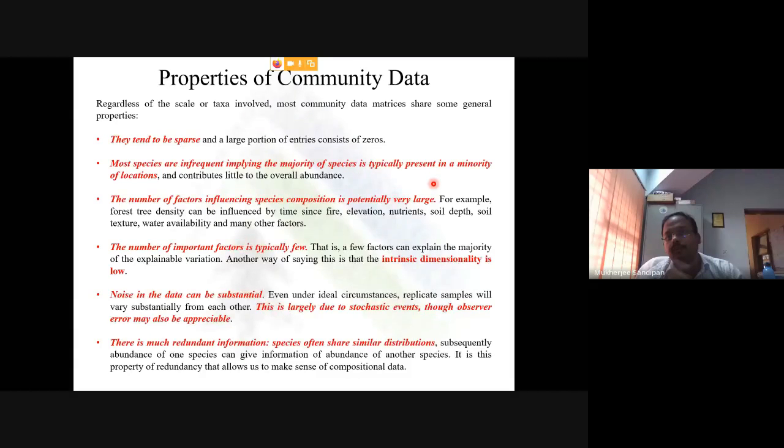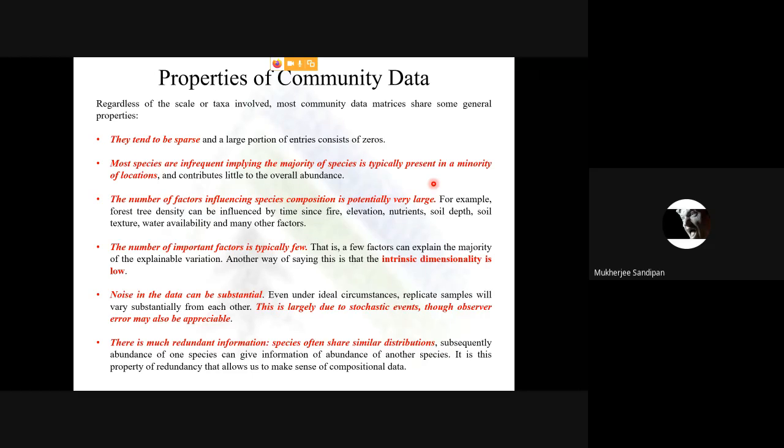Like in one coordinate you find 10 individuals of species A, or let's say 5 of species B. When you note down those counts, if you make a mistake, it will propagate, and the noise in the data will magnify. This is large due to stochastic events, though observer error may also be appreciable.